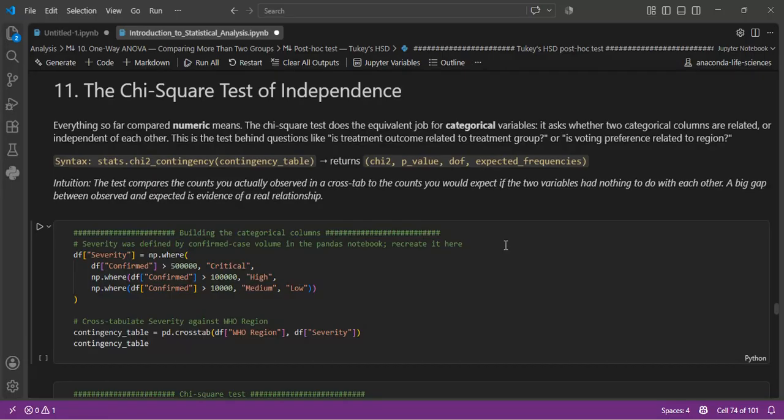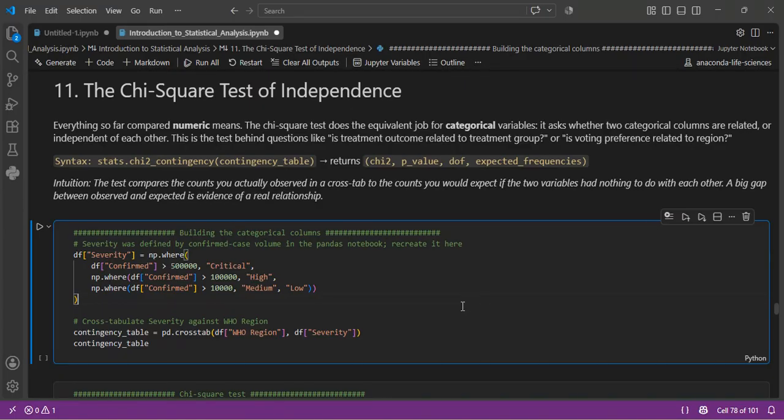So we also have the chi-square test of independence. The chi-square is used to handle categorical variables. When you talk of categorical variables, we are talking about non-numeric variables in our data set, which come in categories.